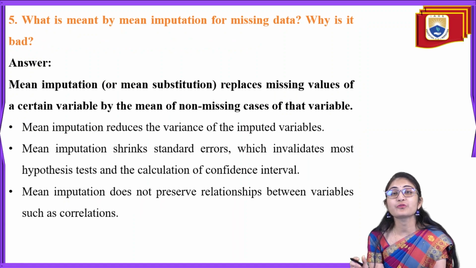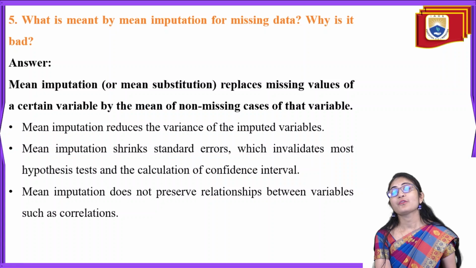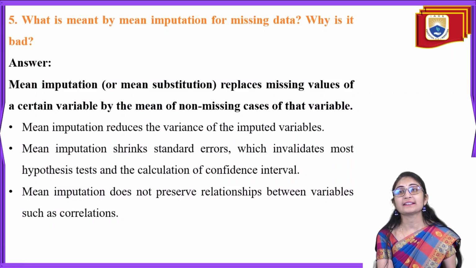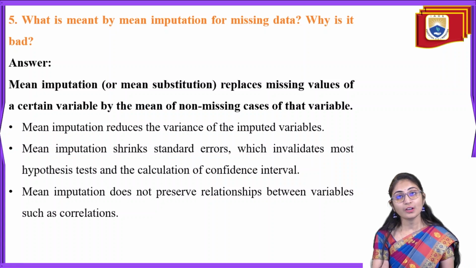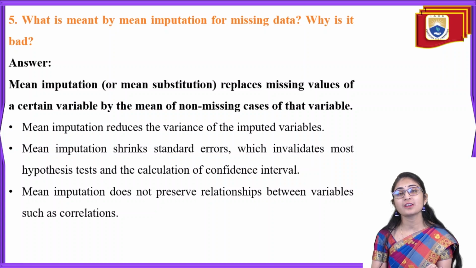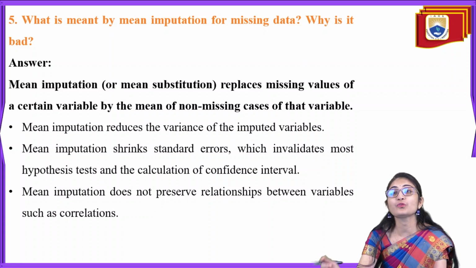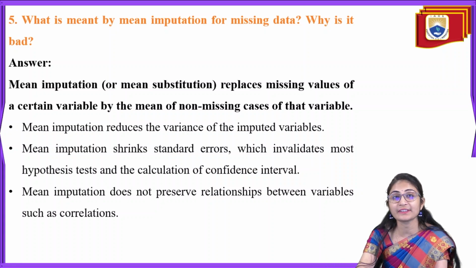Now next question: what is meant by imputation of missing data? Why is it bad? Mean imputation is like a mean substitution, which replaces missing values of a certain variable by the mean of the non-missing cases of that variable.